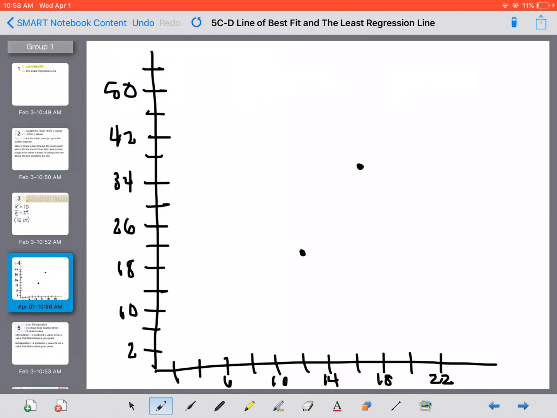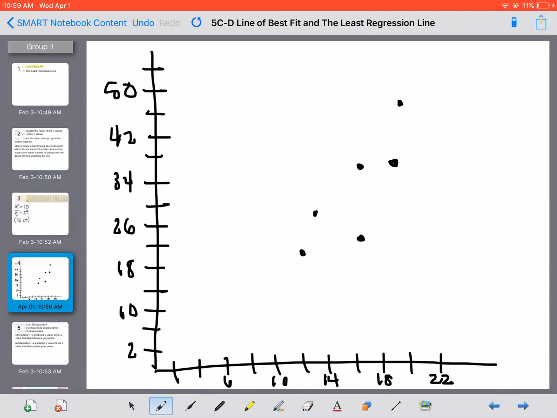And then (16, 23) is around here. (18, 38). Let's see, (13, 27). Roughly there. (19, 47). It's about there.